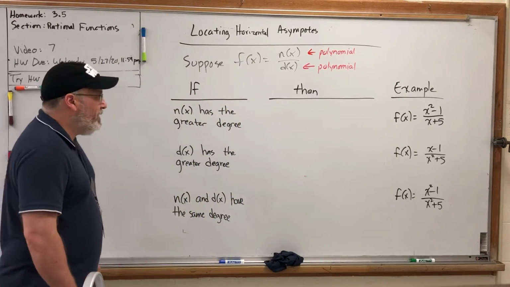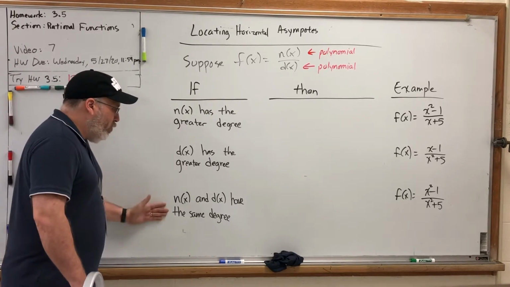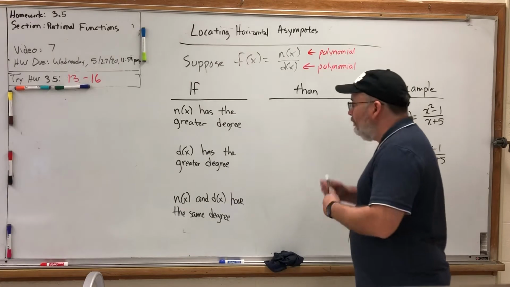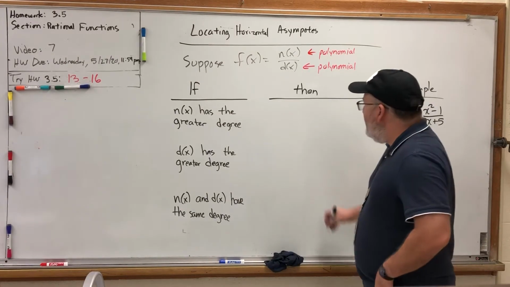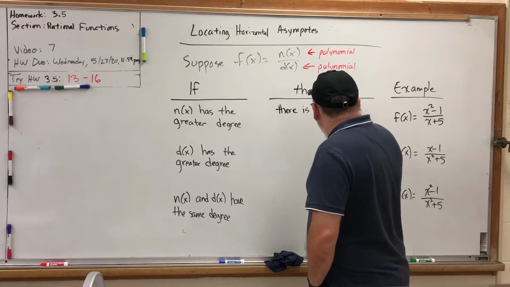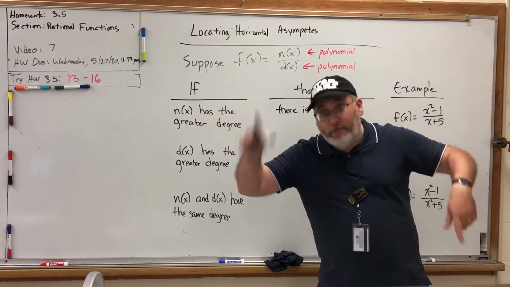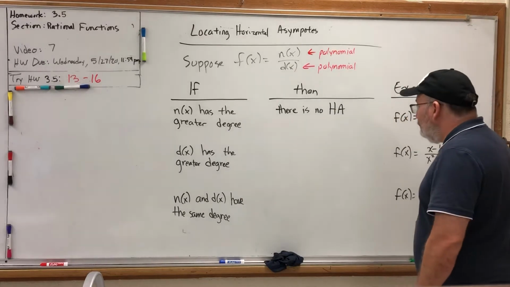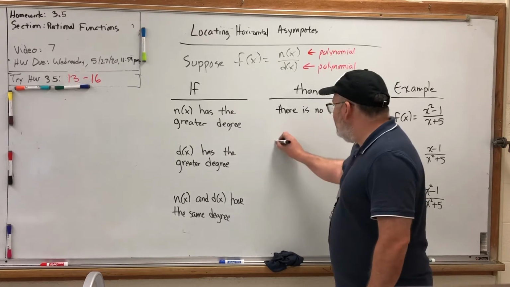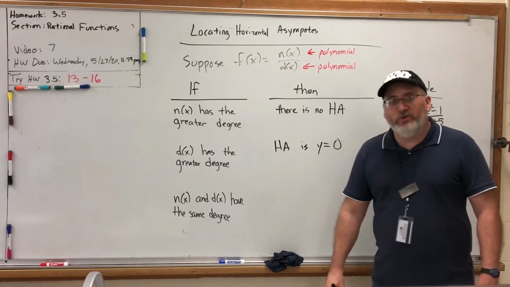There are three scenarios depending upon where the greater degree is: in the numerator, in the denominator, or they may have the same degrees. To summarize what we said at the end of the previous video, if the numerator has a greater degree, then there is no horizontal asymptote. That means that the ends of the graph do not taper off, they either rise or fall. If the denominator has the greater degree, then the horizontal asymptote is y equals 0 every single time.